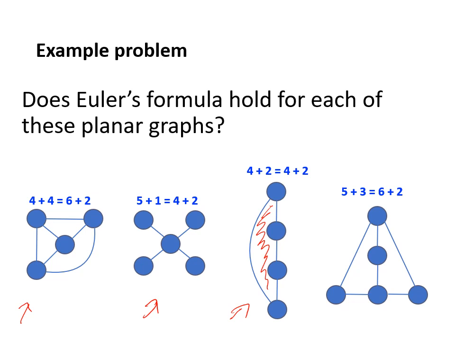It has 4 vertices and 4 edges, and the formula holds. And the last graph has 3 faces, 5 vertices and 6 edges, and the formula again holds. Great. So these are just a couple of examples illustrating how you would apply Euler's formula.